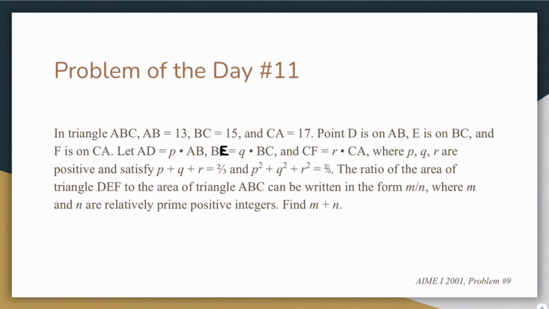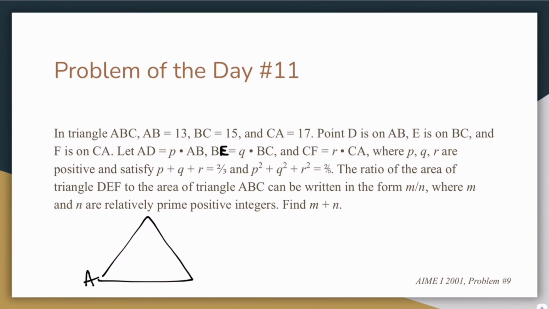The ratio of the area of triangle DEF to the area of triangle ABC can be written in the form m/n, where m and n are relatively prime positive integers. Find m plus n.